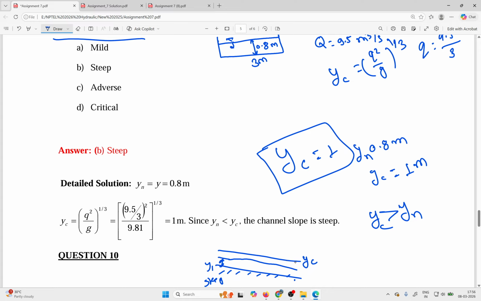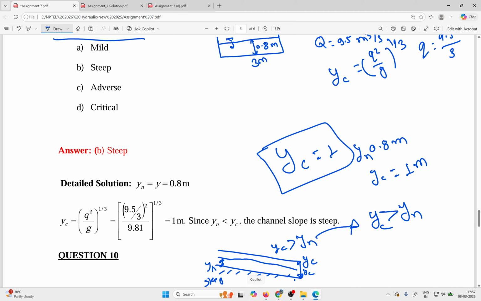This is your yn and this much is your yc. Here the same situation is there, yc is greater than yn, and you are looking at the same situation in the question.